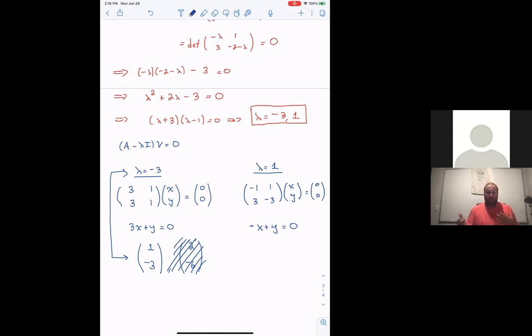If I divide by 3 or by negative 3, again, it's going to be redundant. So what's the simplest vector to use? Why don't we take x to be 1, and why don't we take y to be 1? Negative 1 plus 1 is sure enough equal to 0. So we have our 2 eigenvalues, and we have the 2 eigenvectors that go along with them.